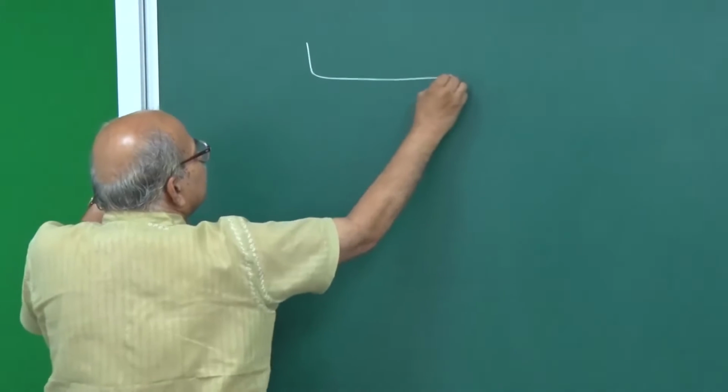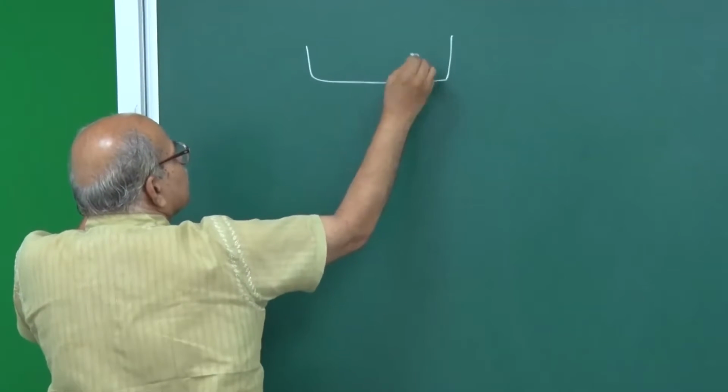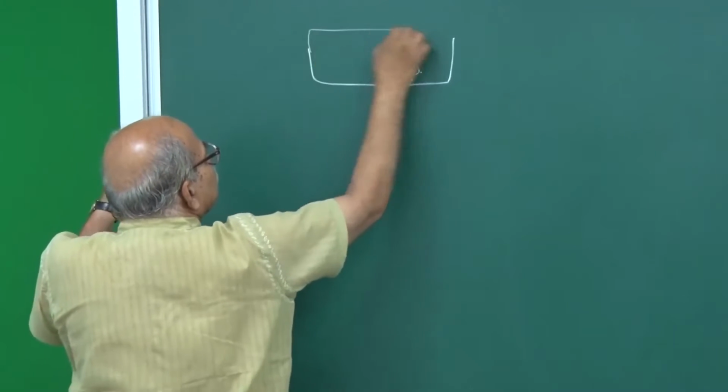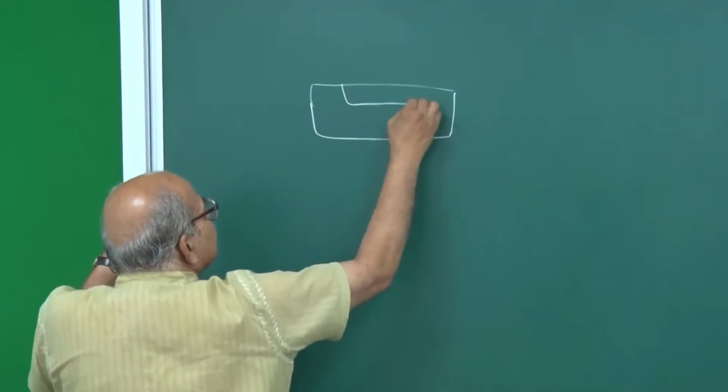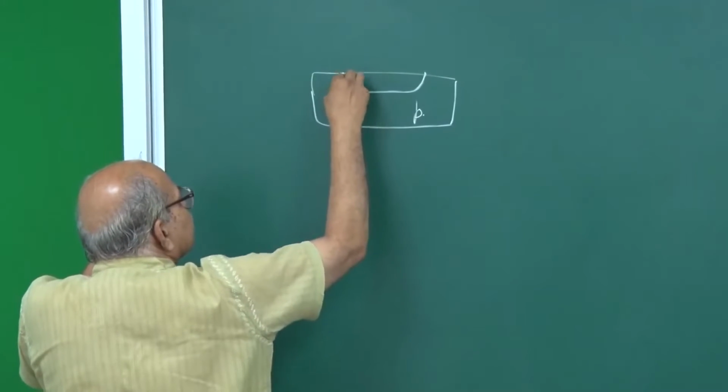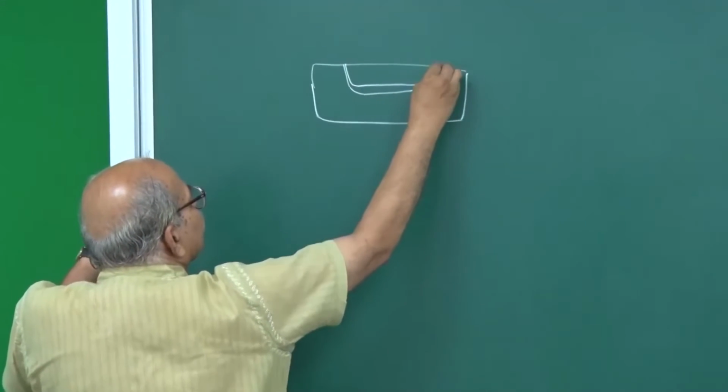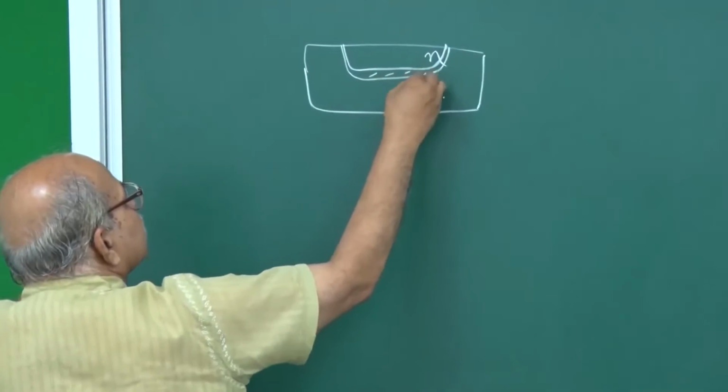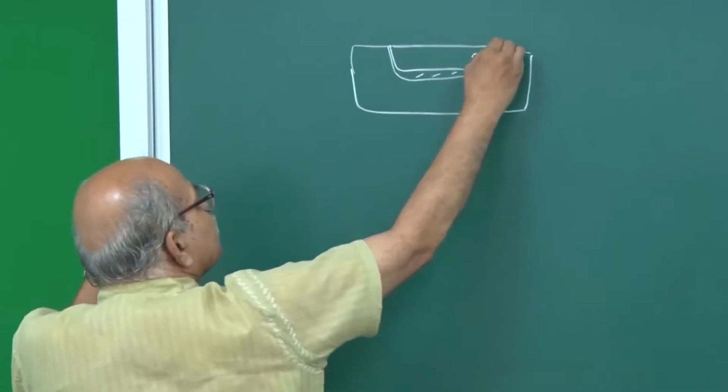You take some P type first, and then you diffuse N type on that and make a depletion layer, so that you have this PN junction, and this is transparent.